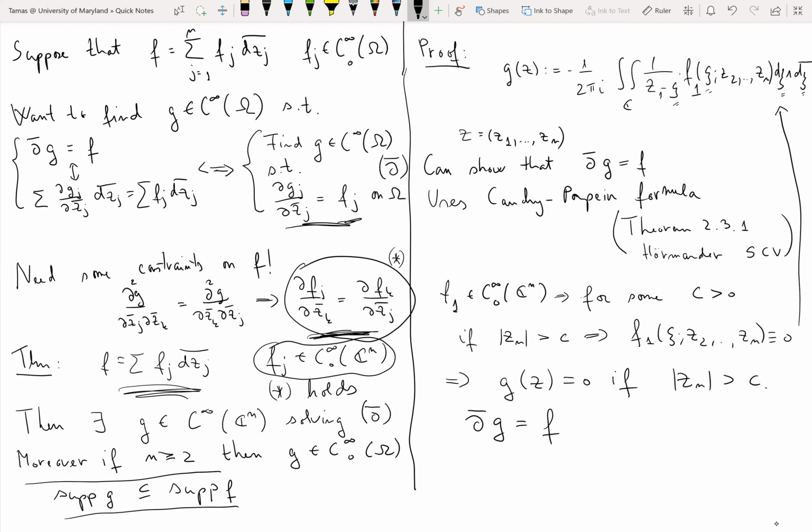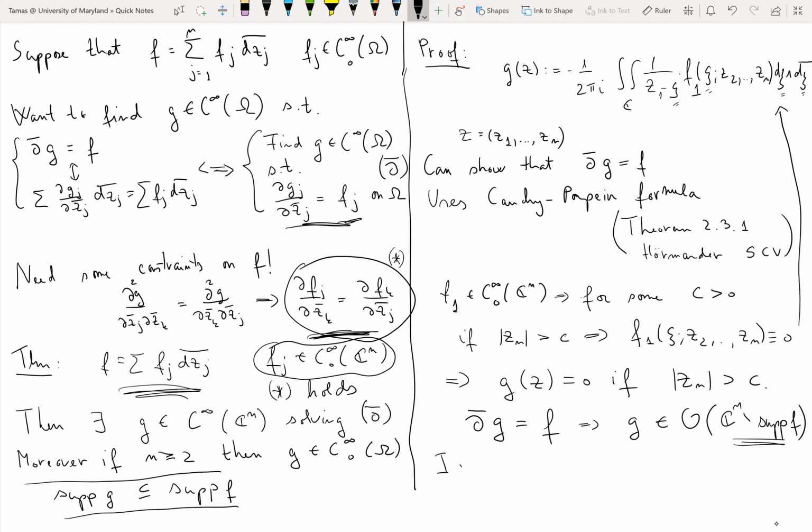So by definition of holomorphicity, we get that G is holomorphic on C^n minus the support of F. Okay, so you have a holomorphic function that is identically equal to 0 on some open part of this set.